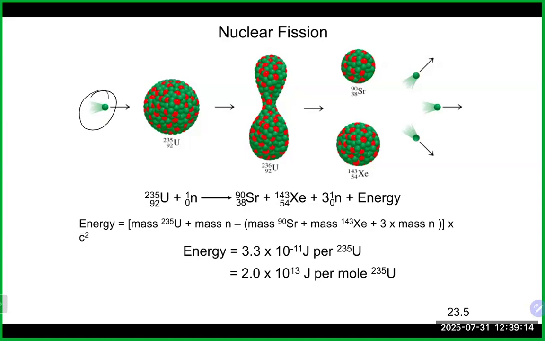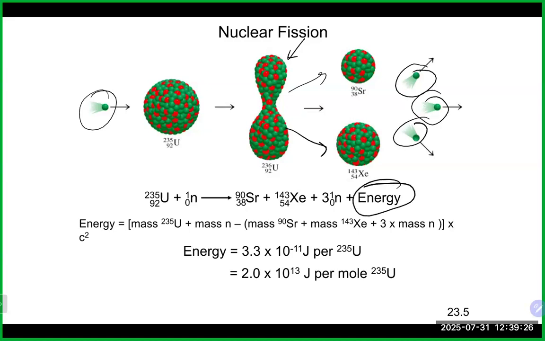You shoot a neutron at it, it becomes a bowling pin, unhappy, and splits off into two new nuclei. It also gives off some neutrons and a lot of energy in this process. This is the reaction used, for example, in a nuclear power plant. Again, it generates a lot of energy.